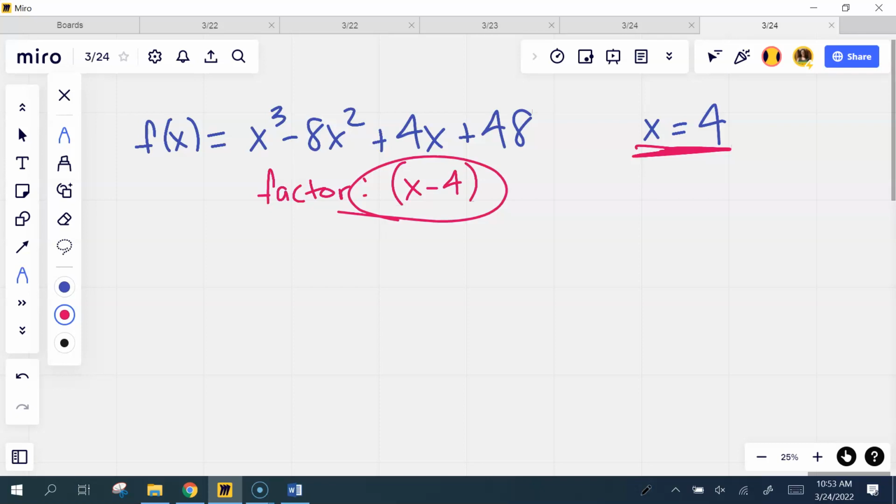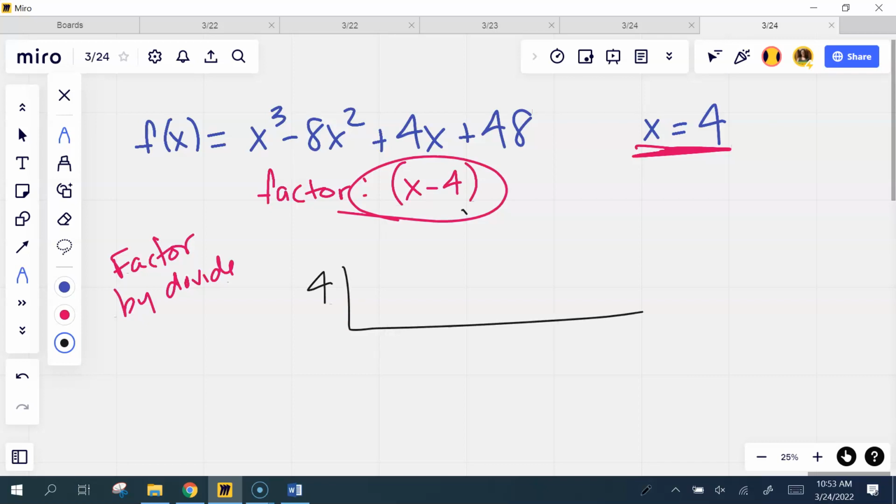Now all I have to do is do everything that I did before, right? So now I'm just going to factor by dividing and find the zeros. So I'm going to divide this by x minus 4, and I better get a remainder of 0. That's the key here.